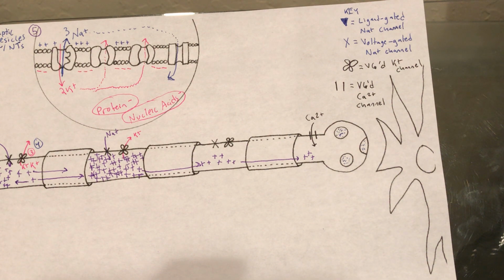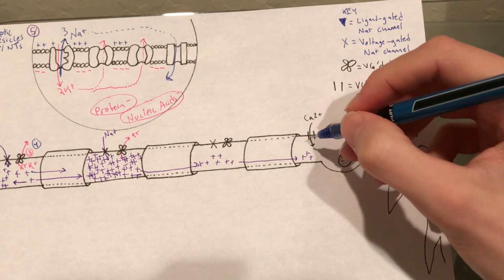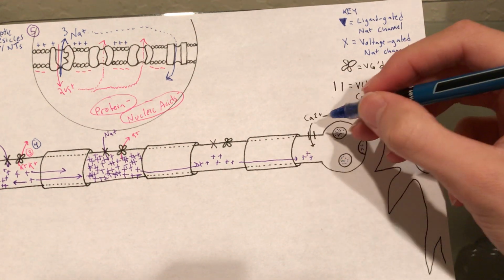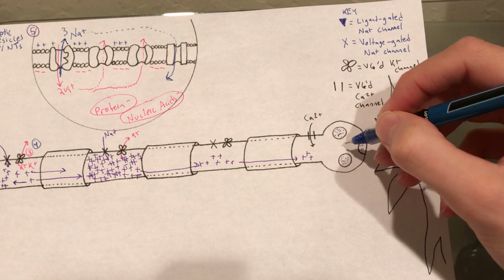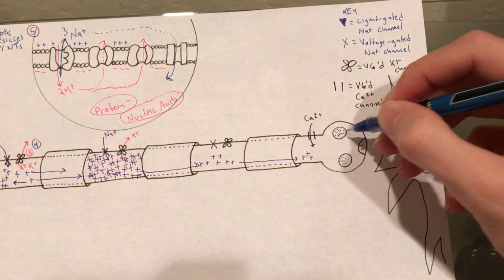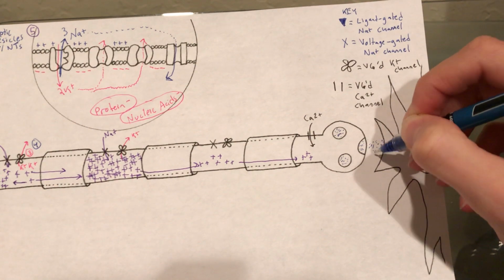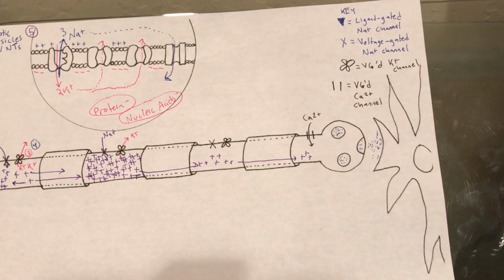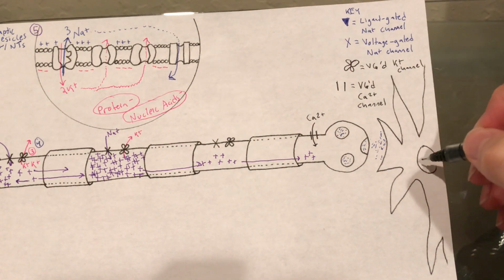So let's go ahead and draw those neurotransmitters being released. Let's assume everything happened, action potential happened successfully, calcium went in, some intermediate steps occurred in this area that causes the vesicles to fuse. And then of course, this is another neuron.